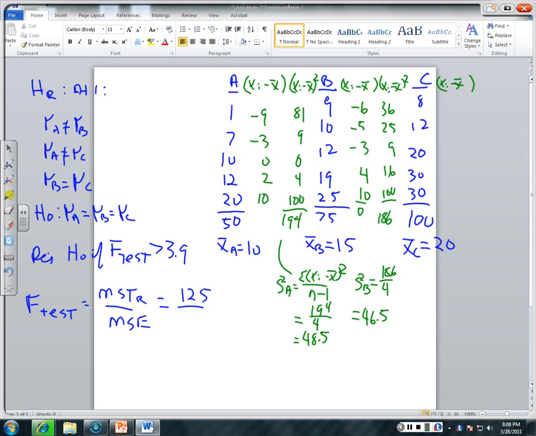So you get a good review of deviations and squared deviations and all of that. It's only because you're watching me do it instead of doing it yourself. In my class today, I had them do this part by themselves. They didn't have any problem with it.